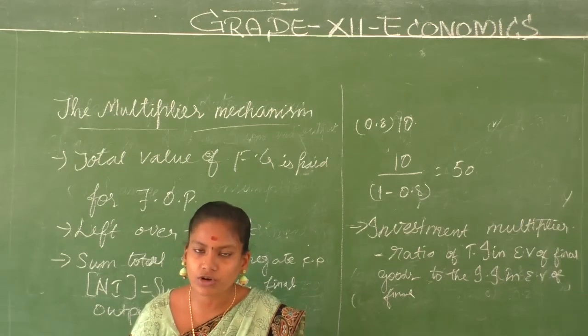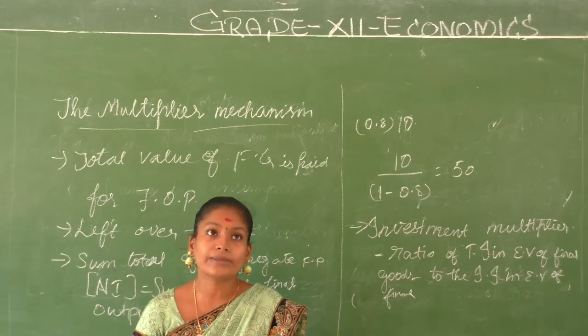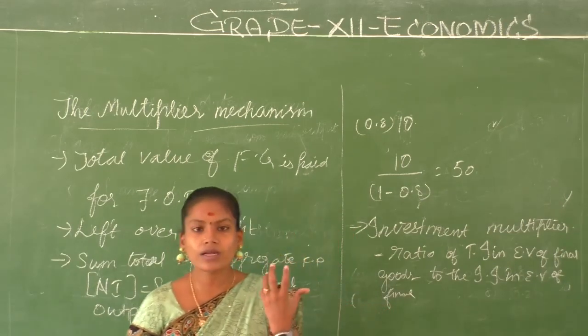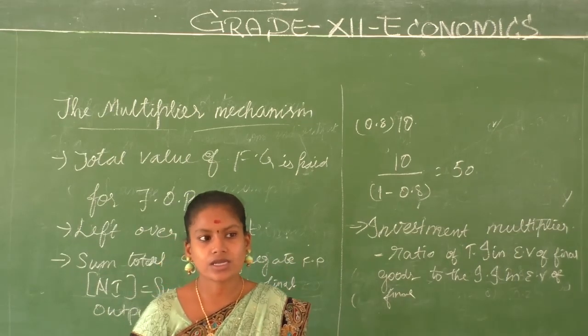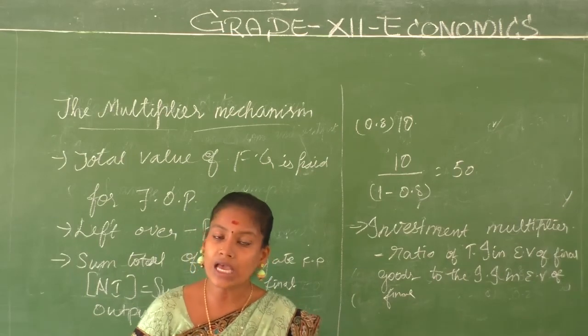In the investment function we discussed two reasons where it does not depend on the income: when easy credit facilities are there, or it depends on the rate of interest. There is a possibility of increase or decrease in the investment.